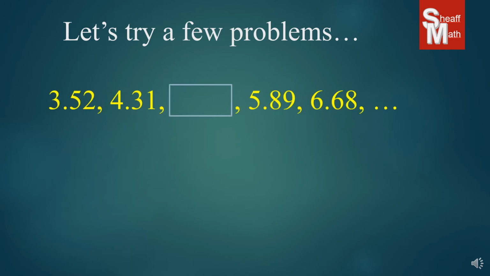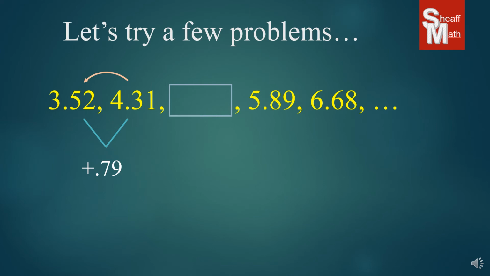Okay, well, here's one that it's tough to do in your head, because now we've got decimals. And so sometimes you're going to need to use a calculator or work it out on paper. And so what I need to do is take 4.31 and subtract 3.52, and I get 0.79. So it's going up 0.79 each time.